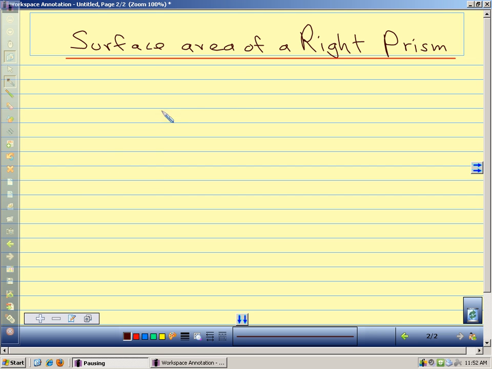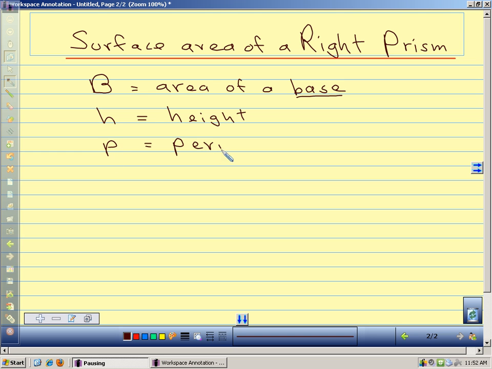So for a right prism, we need our parts of our formula. For our formulas, our capital B is going to be the area of a base. H equals the height, and P equals the perimeter of a base also.